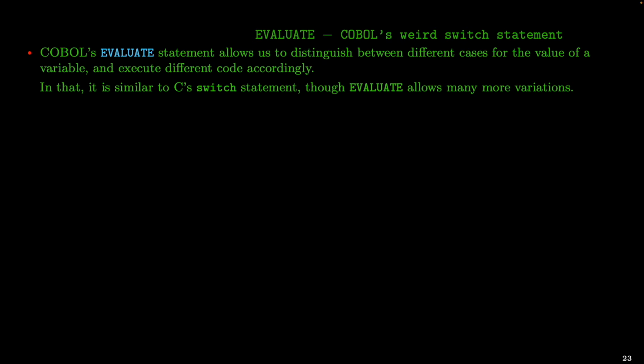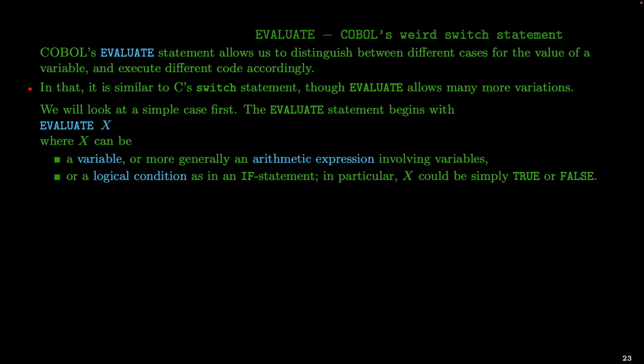Now let's have a look at COBOL's evaluate statement. And this one allows us to distinguish between different cases for the value of a given variable, or even multiple variables, as we will be seeing in a moment. And this is vaguely similar to C's switch statement, but it allows us for many more variations. So it's a rather complex statement. Let's first look at a simple case.